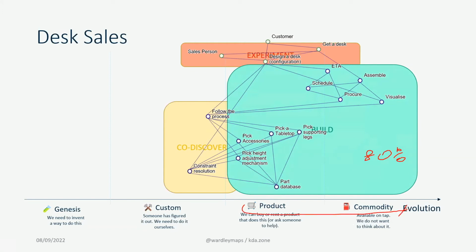It's not that differentiating, but the customers should see it. And if it doesn't work, they will be unhappy. Whereas the 20% of the most risky work here will be solved as early in the project as possible.